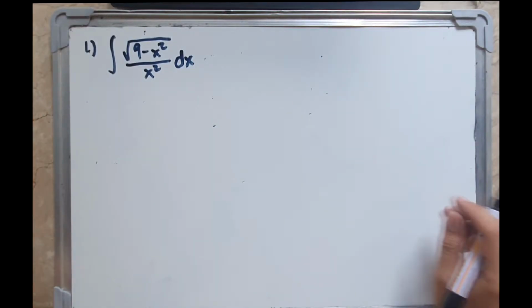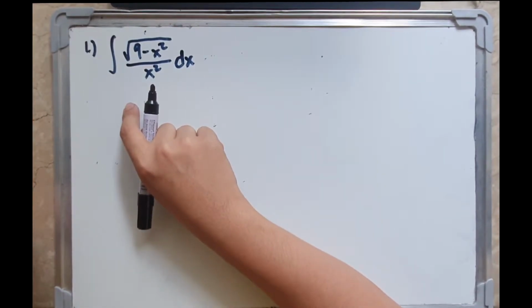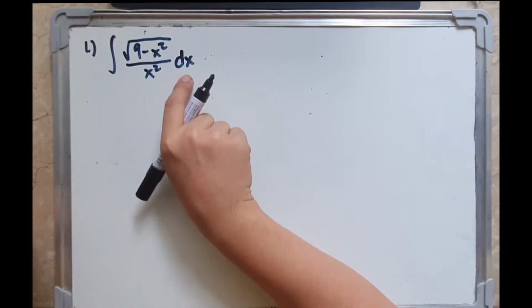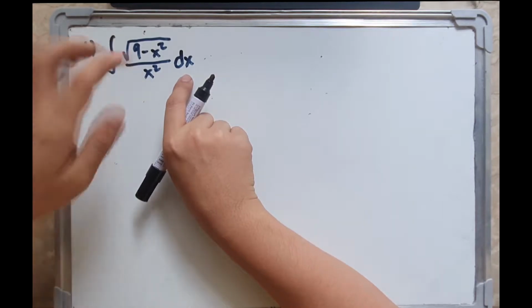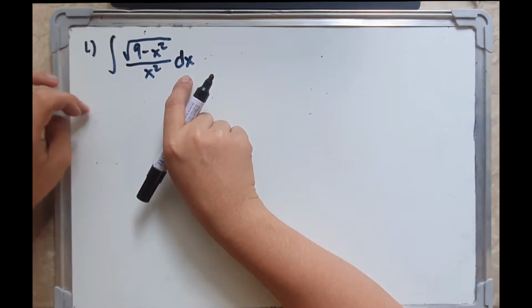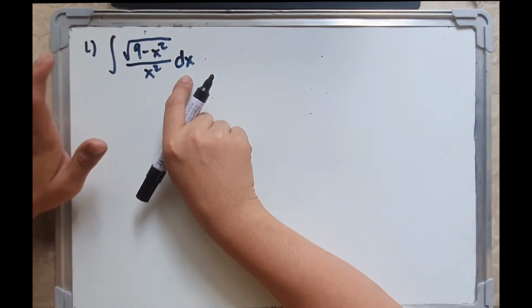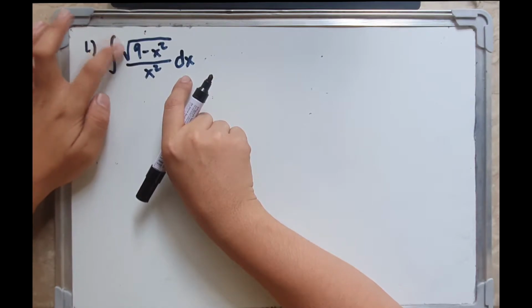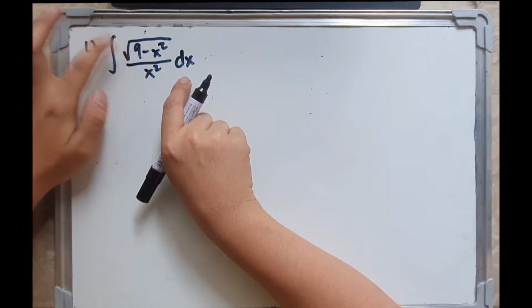Okay, let's have number 1. The integral of the square root of 9 minus x squared over x squared dx. So the hint that we are going to use trigonometric substitution is this one. We've seen the square root of 9 minus x squared in the numerator.